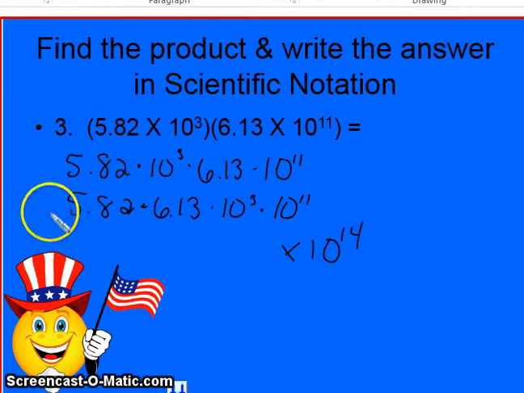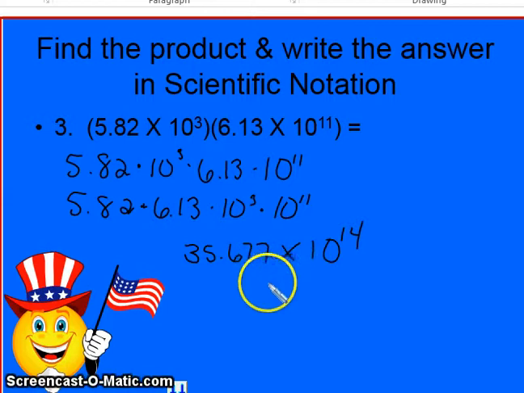Now I just have to figure out what 5.82 times 6.13 is. So when I multiply those, I get 35.676. Or 677 if I round it properly. So I have 35.677 times 10 to the 14th.